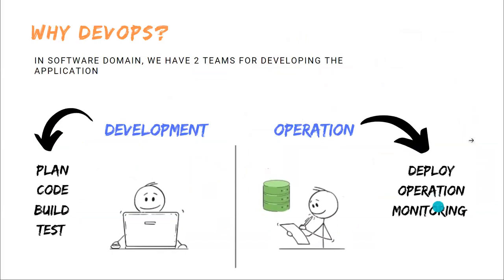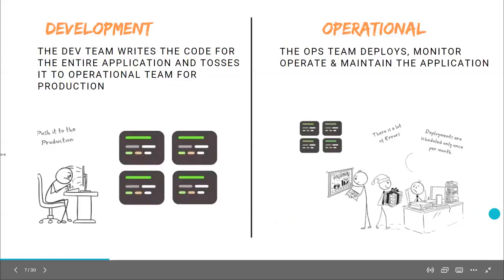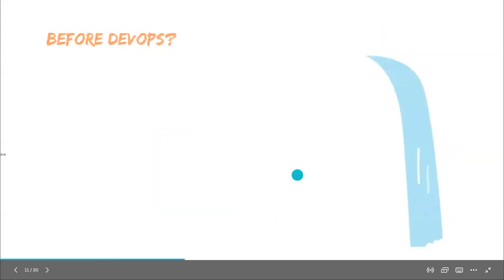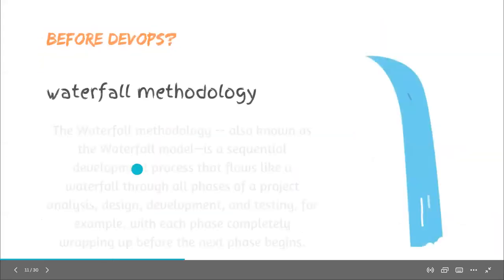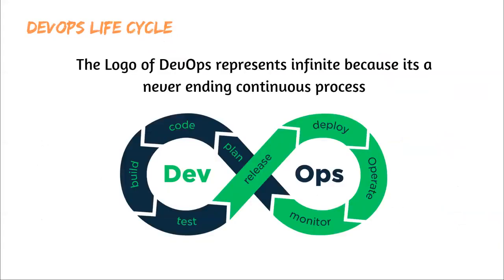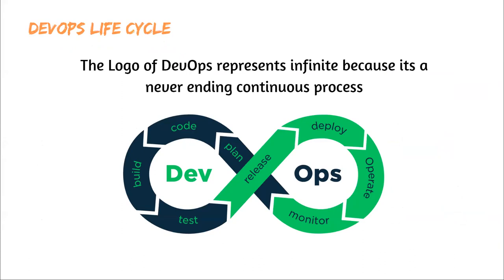If we compare this with our DevOps logo, you will see an additional step. What is it? Release. When you go for an interview, they will ask, what is the difference between software development life cycle and DevOps? The only difference between SDLC and DevOps is that here we have the release stage.